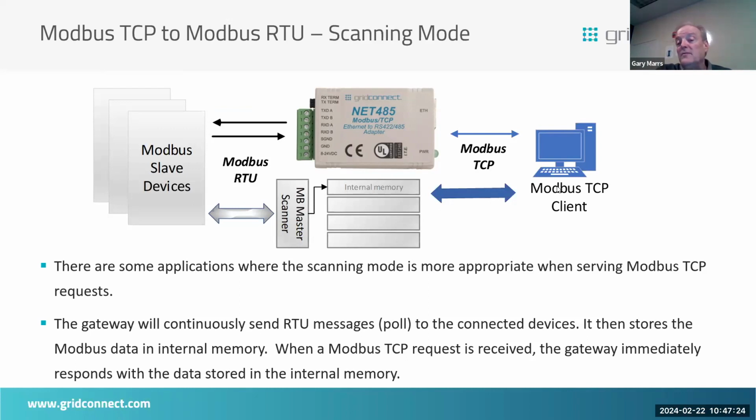So now when the Modbus TCP client requests the Modbus data, it gets its answer immediately because the gateway looks in its internal memory to see what the latest data it had was and sends it back to the client. There's a lot of applications where the scanning mode is more appropriate than bridge mode, and we'll talk a little bit more about those on the next slide. Notable things about this is the Modbus TCP client will get a response right away.